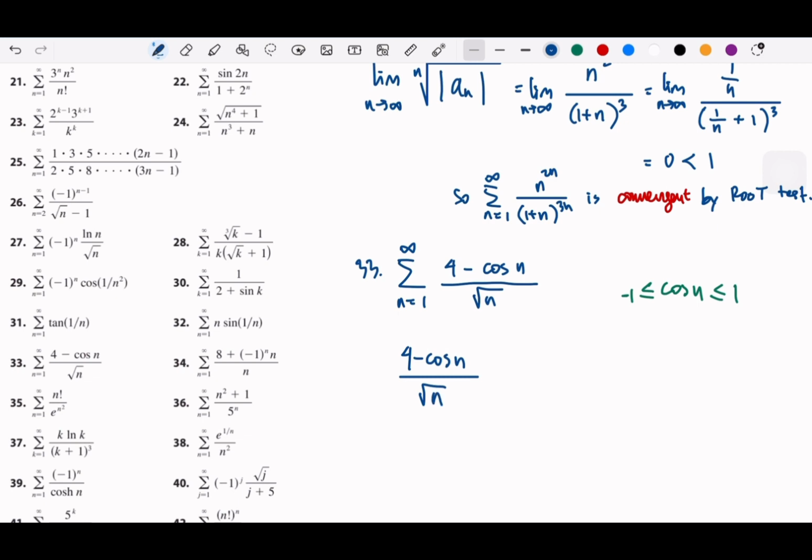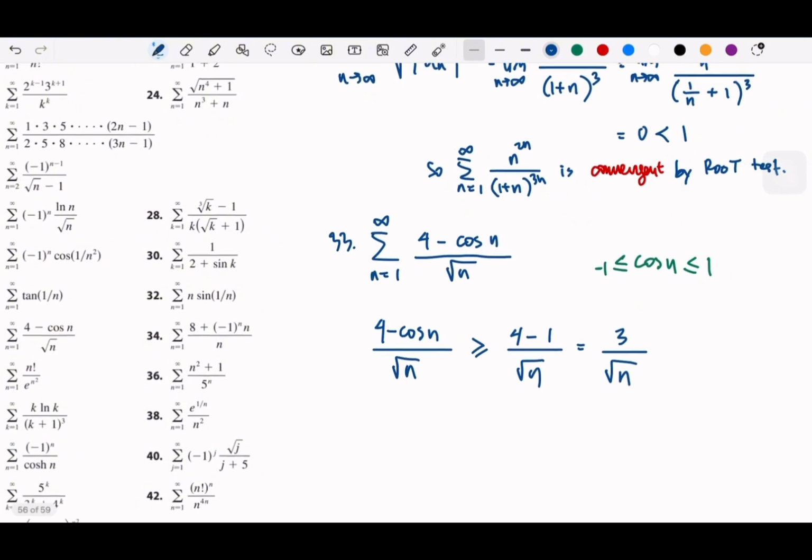This is always greater or equal, using the maximum value of the trigonometric, let's say 1. For sure, it's 3, right? And this will be equal to 3 over square root of n.